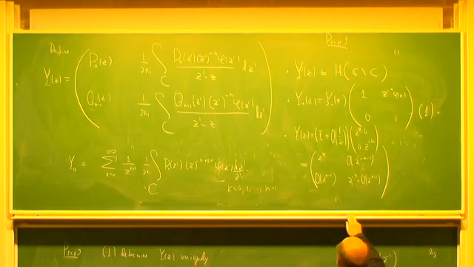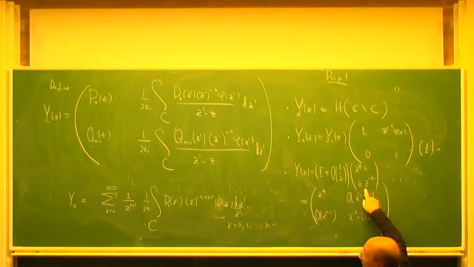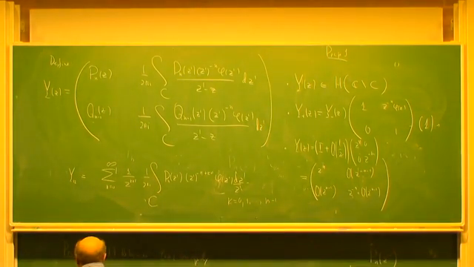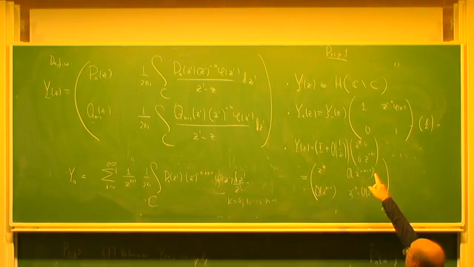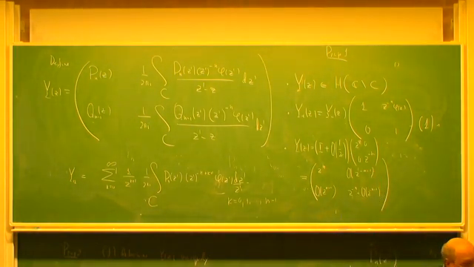And this is where everything plays out. The multiplication is mostly on the right, and this behavior is also on the right. First of all, I notice that if Y exists, then its determinant is identically 1. If you take the determinant, then the determinant of the jump matrix is 1, and so the determinant of Y is a function which does not have a jump, and which behaves at infinity as 1. So it is identically 1.